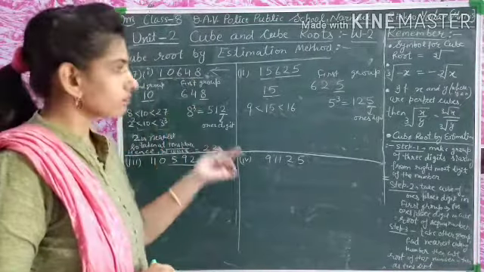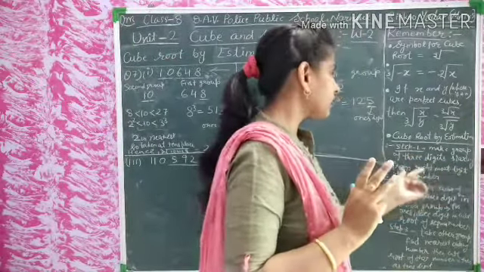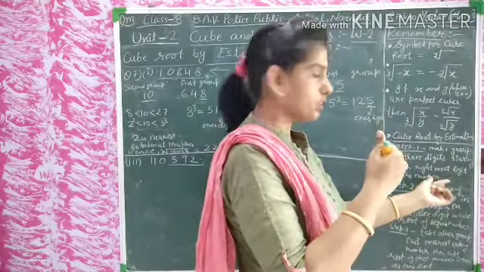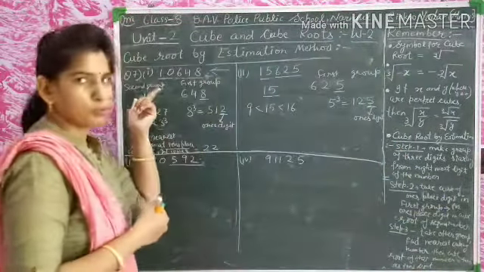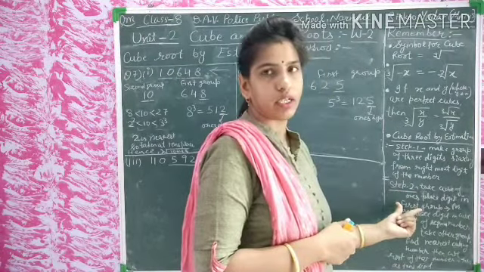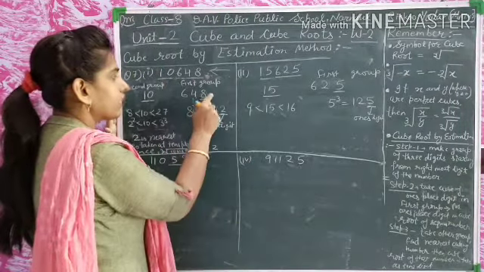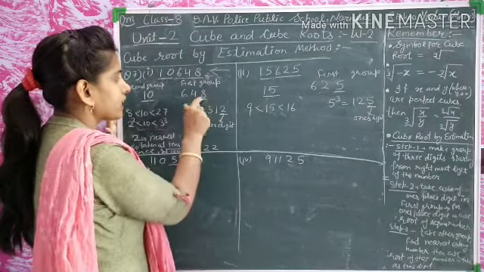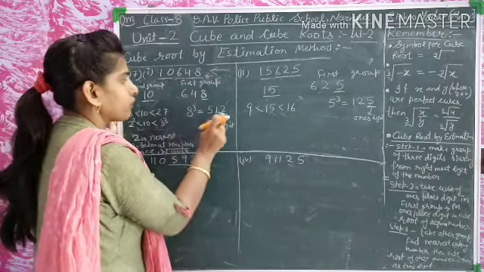In the first step, we make groups of 3 digits starting from the rightmost digit of the number. Now in the second step, we look at the ones place digit and find the cubing of the ones place digit.